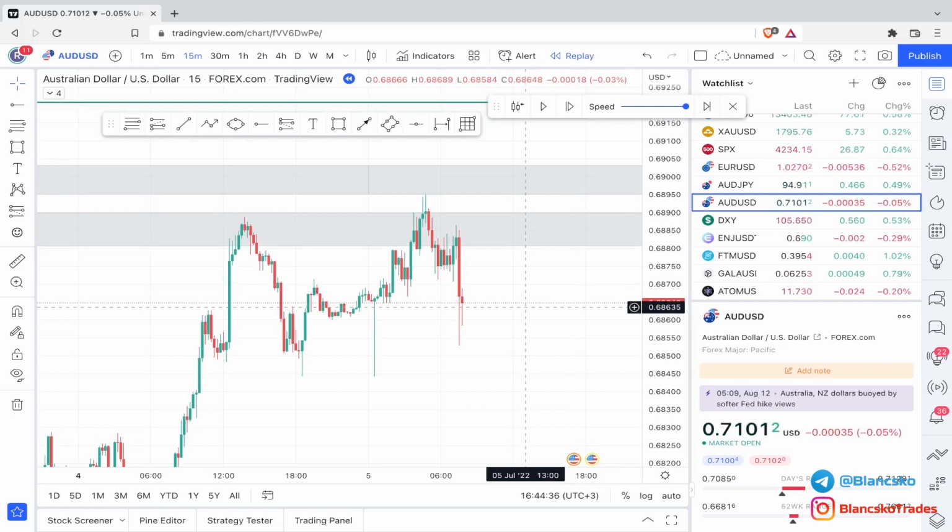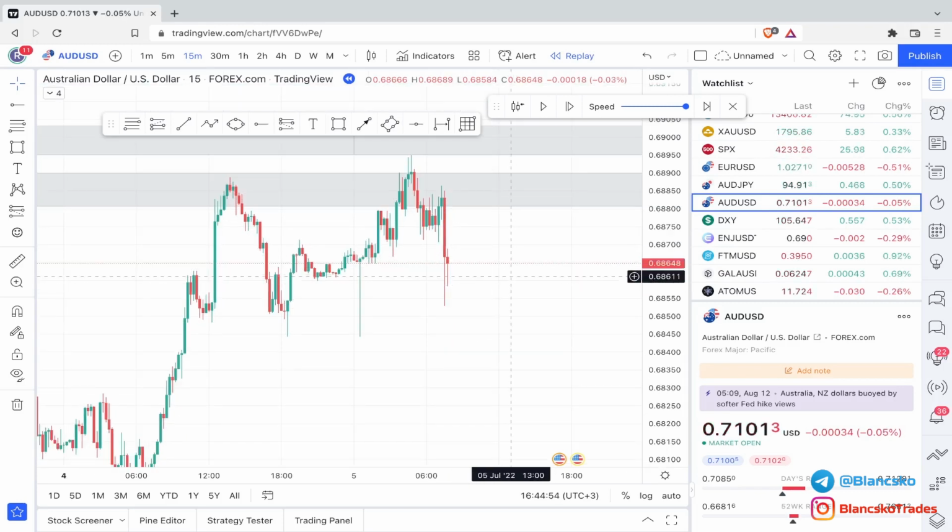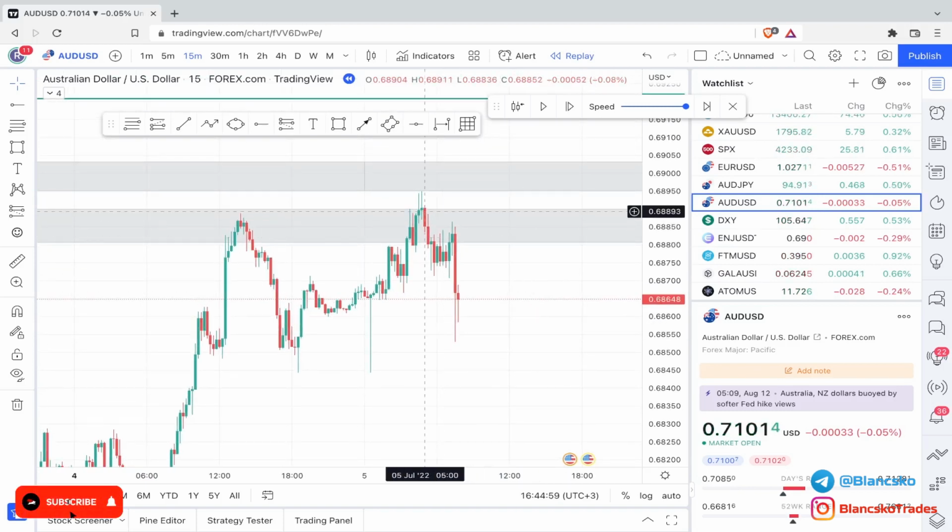If you would have entered conservative, this would be your entry candle, which is huge. So I wouldn't be confident entering, or I would have waited just for a rejection.